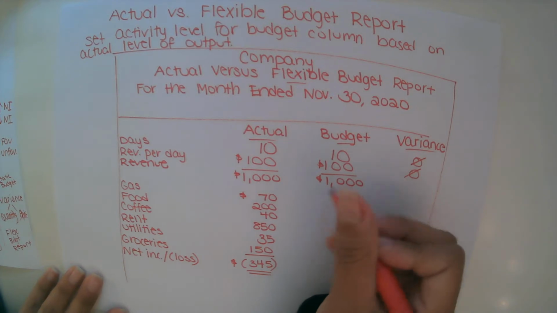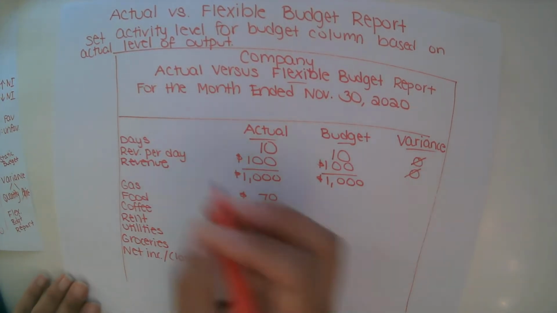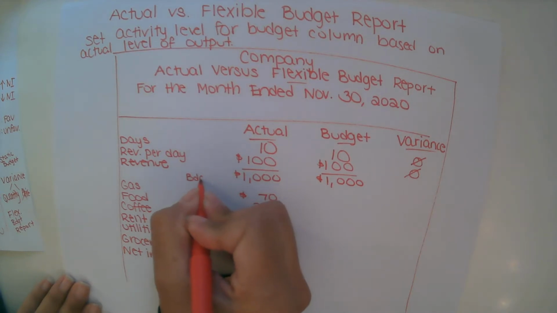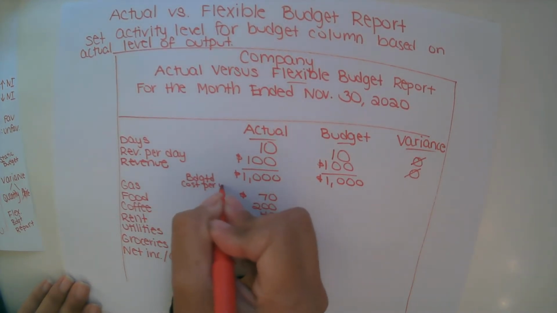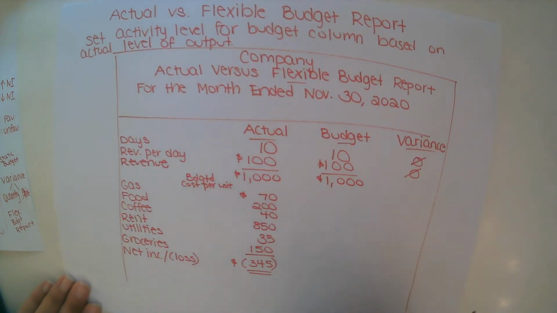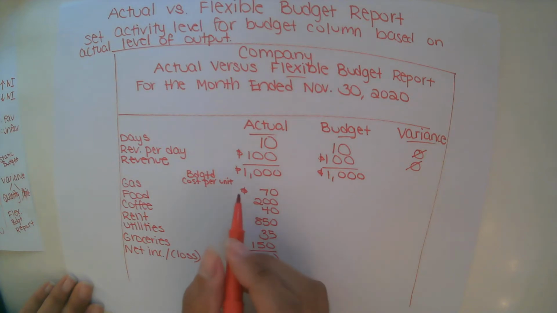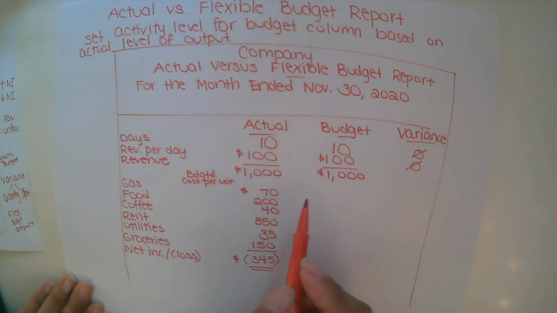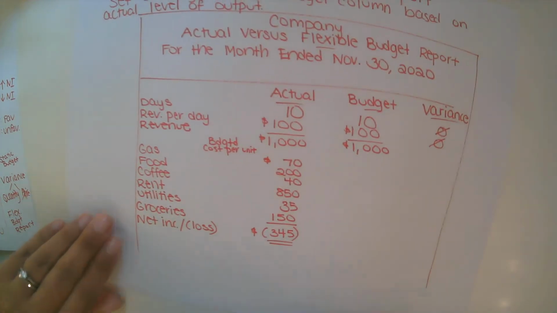So we're going to take all of our costs and flex it to the actual quantity. Let me write here, budgeted cost per unit. You don't have to include this, but I think it'll be helpful in your notes, and you're welcome to include it. Maybe this is a good time to review.